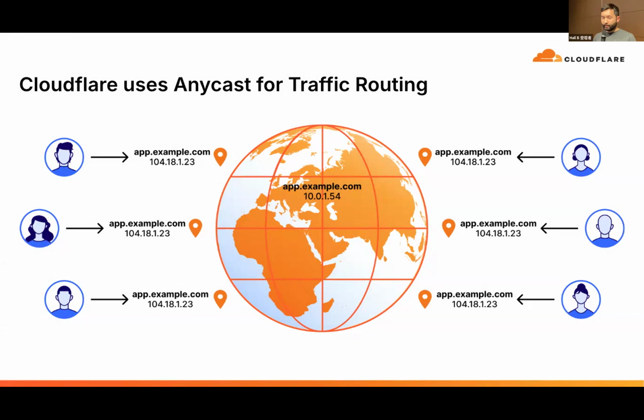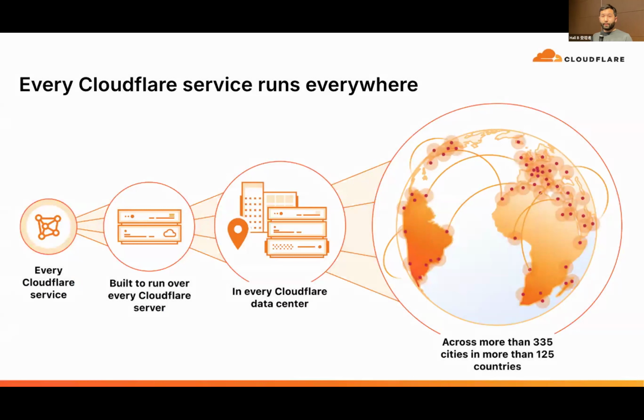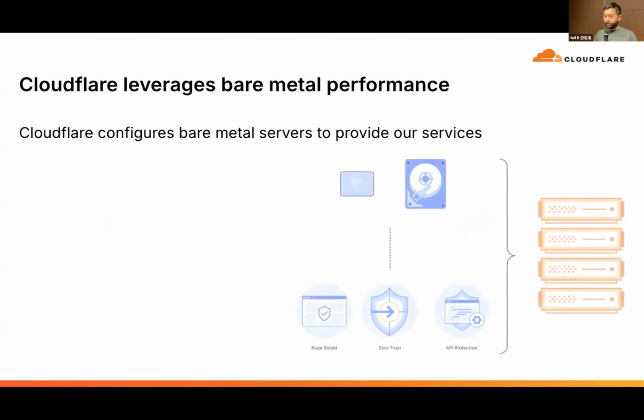It allows for lower latency and improved DDoS mitigation, but it also requires us to have a largely homogeneous fleet of servers. Basically, as any server could be selected to serve a request, the entirety of Cloudflare needs to be configured in a relatively consistent manner.